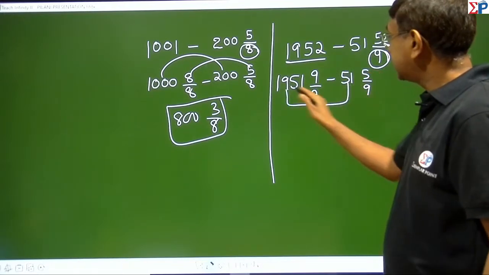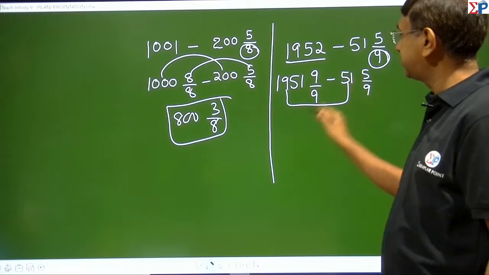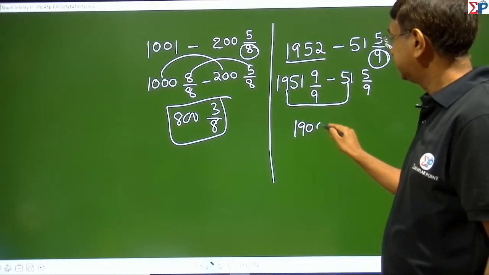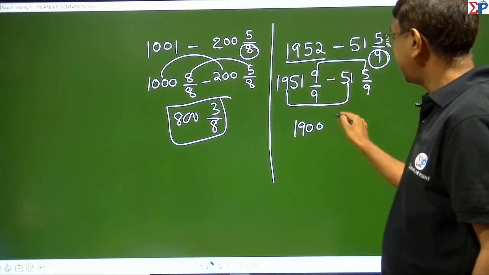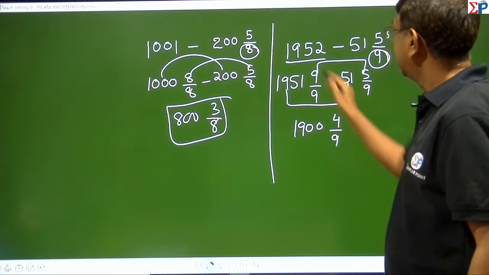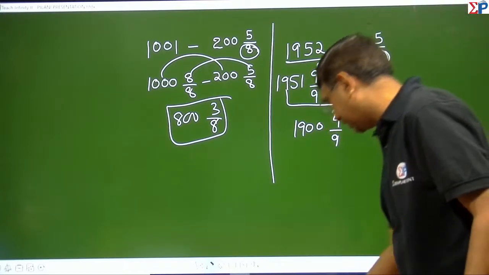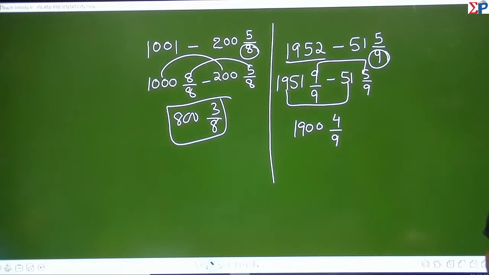Now what is 1951 minus 51? 1900. Finished. 9 minus 5 4. So answer is इन दोनों का डिफरेंस आएगा 1900 4/9. अब तो क्लियर हो गया गाइस?